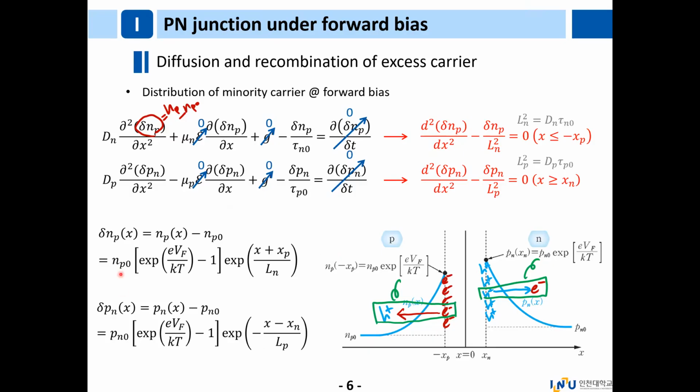The excess minority carrier concentration decreases exponentially with distance from the junction, and finally reaches thermal equilibrium. So if we graph this, we get the same result as before.